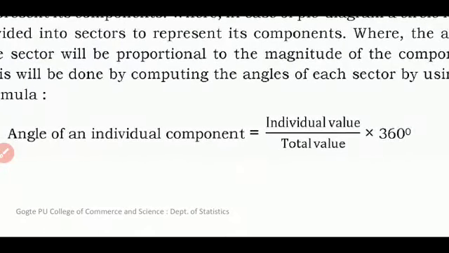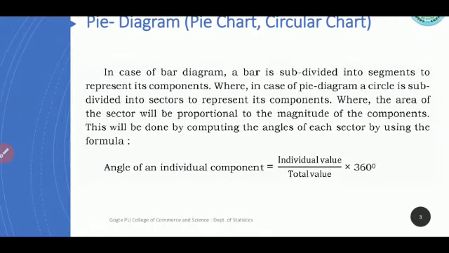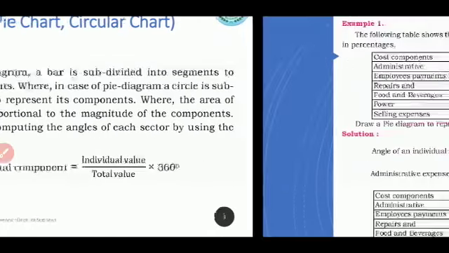To calculate each value, the angle of an individual component is equal to the individual value divided by the total value into 360 degrees. When you use this formula and calculate, if you get an exact figure, you write the exact figure, but when you get a decimal, you are going to approximate it to the next highest value. We will see an example where you will understand it best.